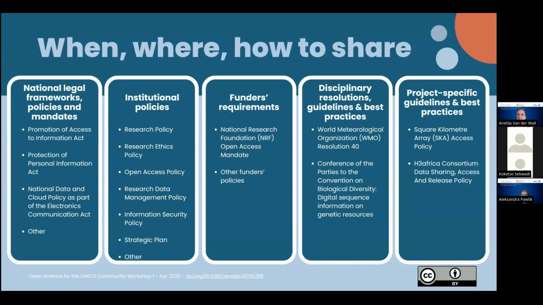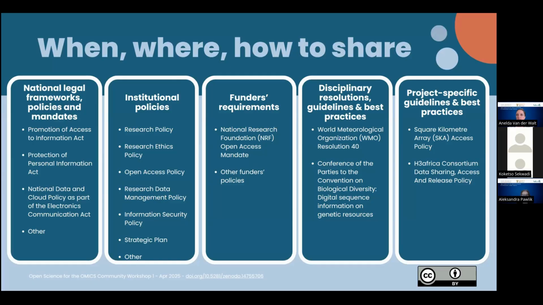We've been discussing national legal frameworks, like the South African Open Science Policy, which are being developed, and that will be mandated from the very top. It's not implemented yet. The NRF has a mandate, so that's a funder requirement.